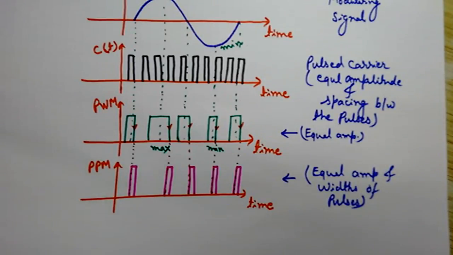So by these waveforms you can easily understand that in pulse position modulation technique, the information is contained in the position of pulses on the axis.